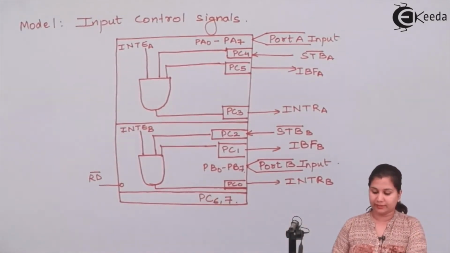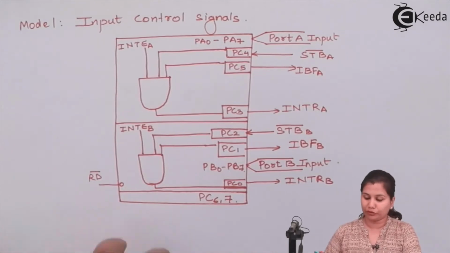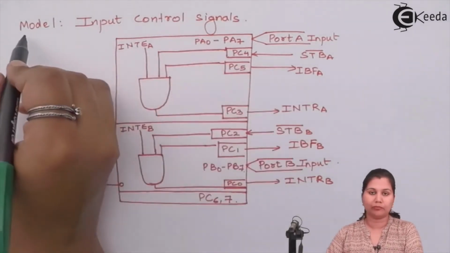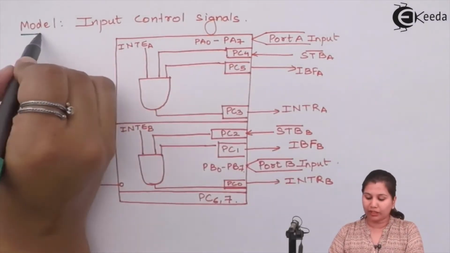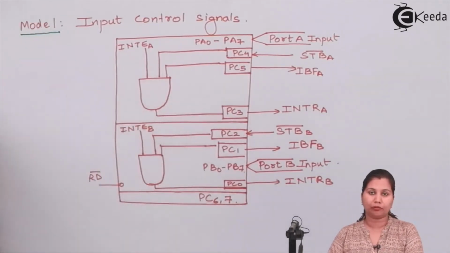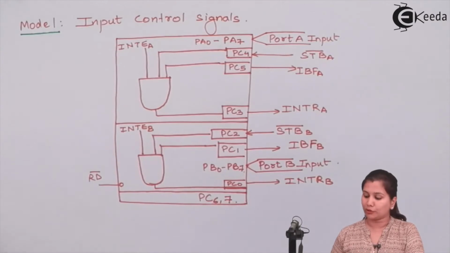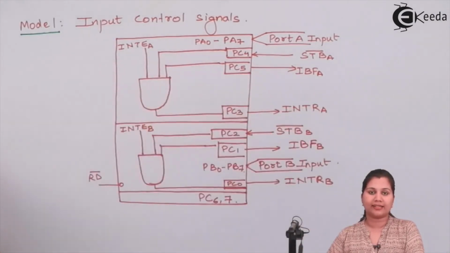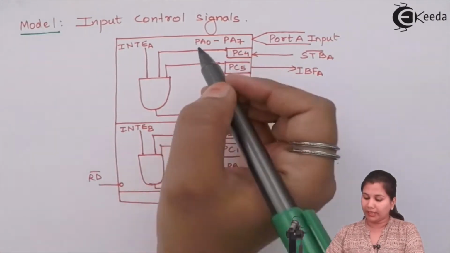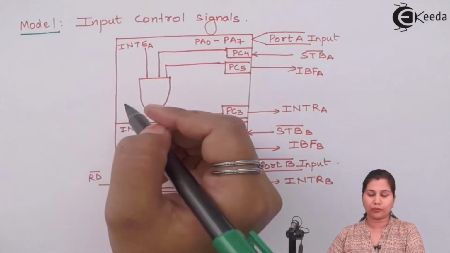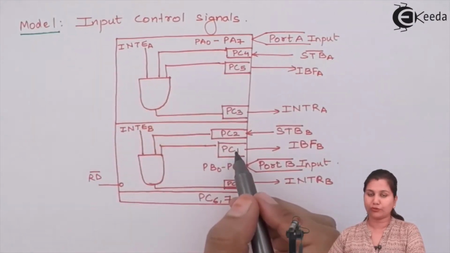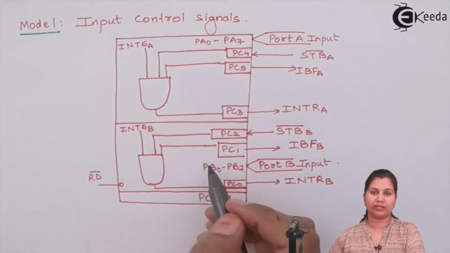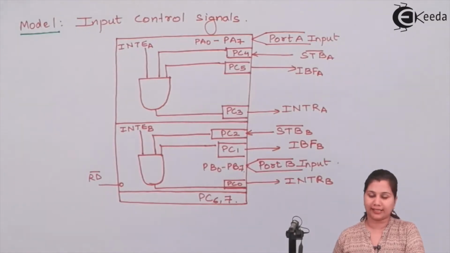So this is the circuit diagram for the input control signals in mode 1, because mode 1 can act as an input mode also and output mode also with the handshake signals. Here we have the handshake signals. These handshake signals are the lines of port C. Port A is using 3 lines of port C and port B is also using 3 lines of port C for generating the handshake signals.